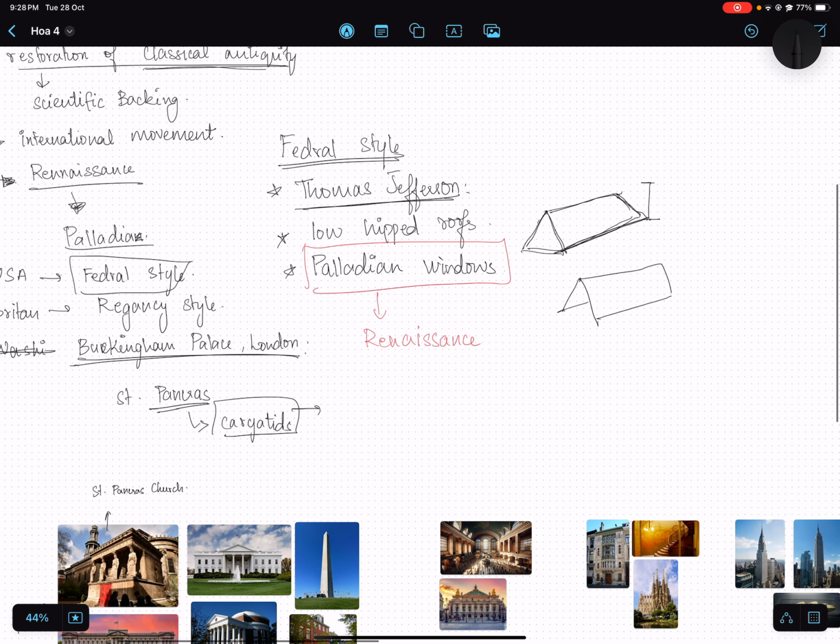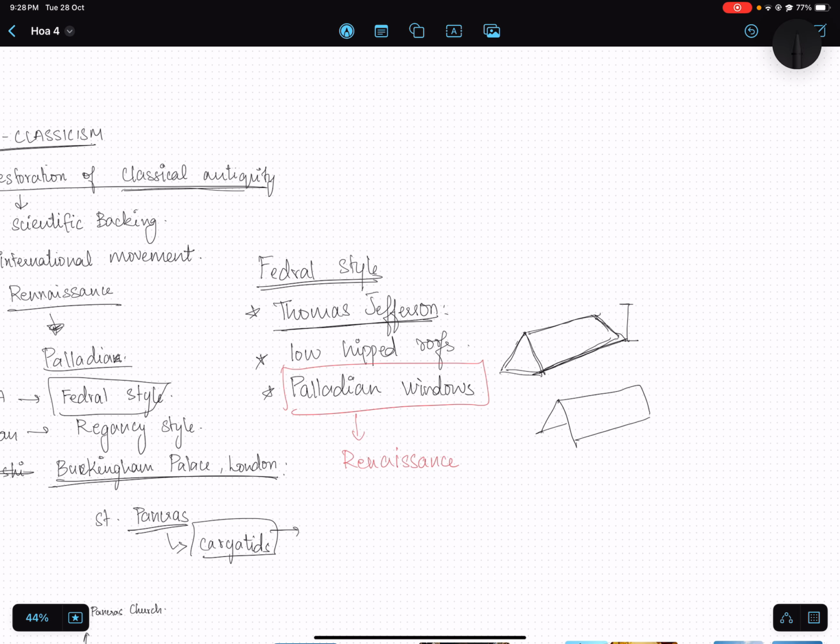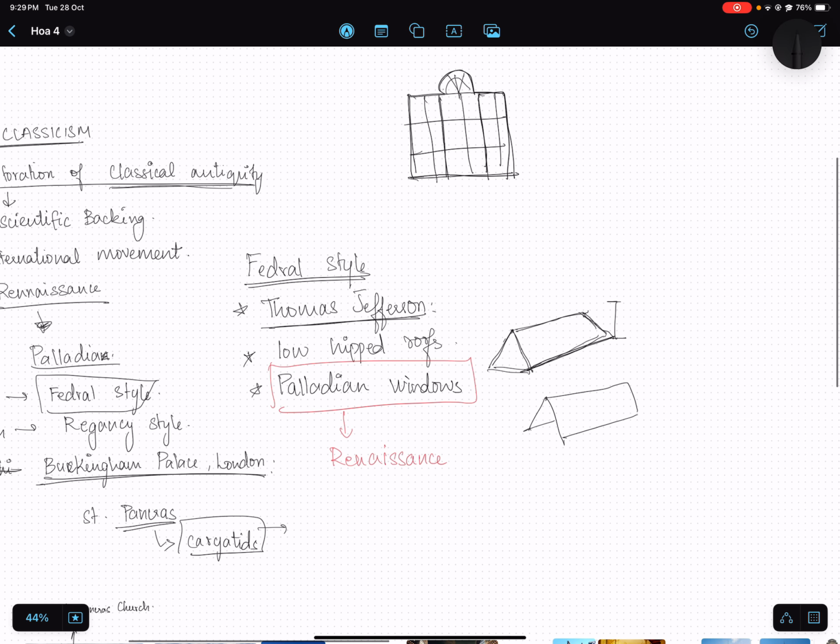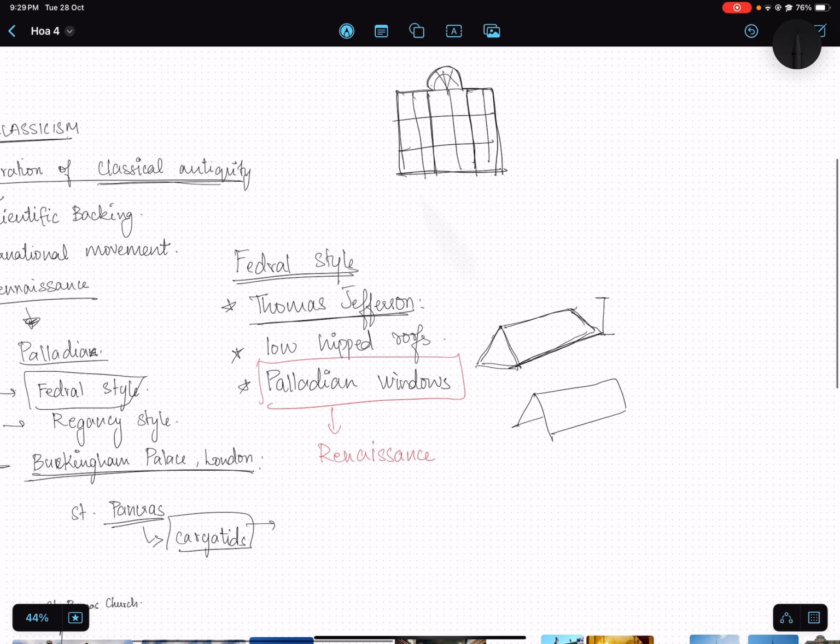So what are Palladian windows? It has different names to it, but let's first talk about Palladian windows. It is usually divided into three with the arch in the middle. So this is your Palladian window. And the other names for Palladian window are Venetian window or Serlian window.